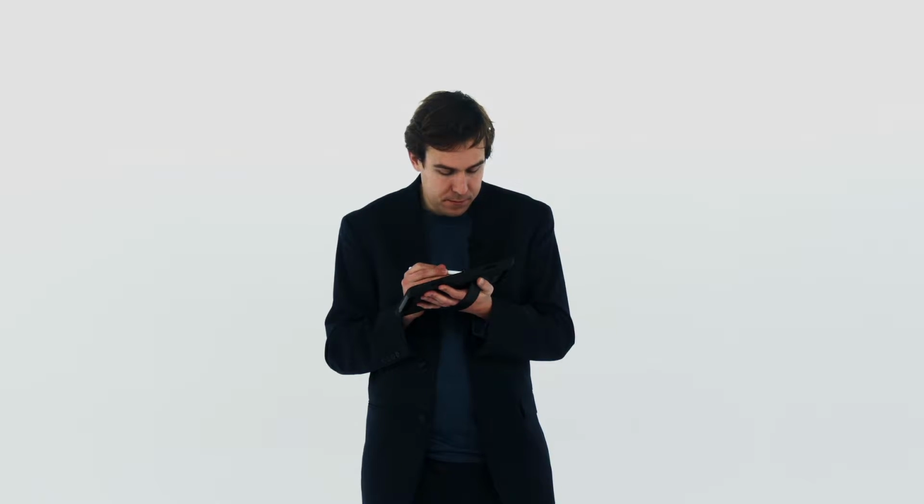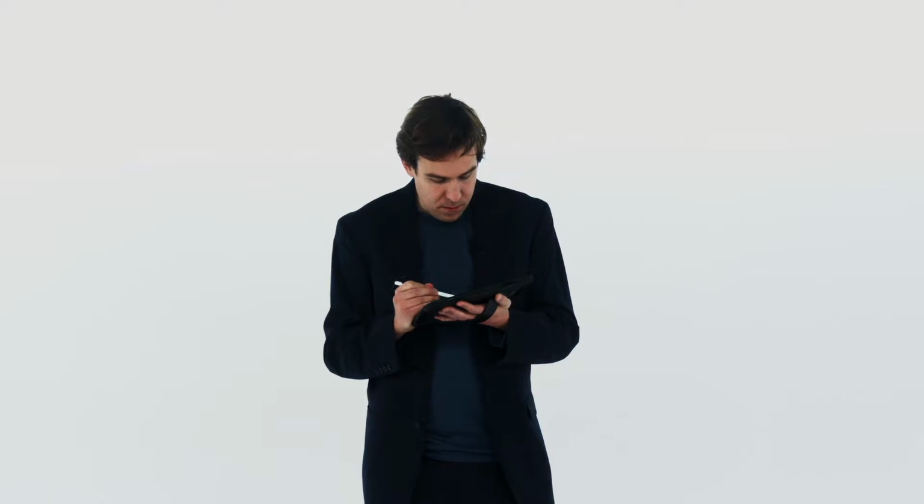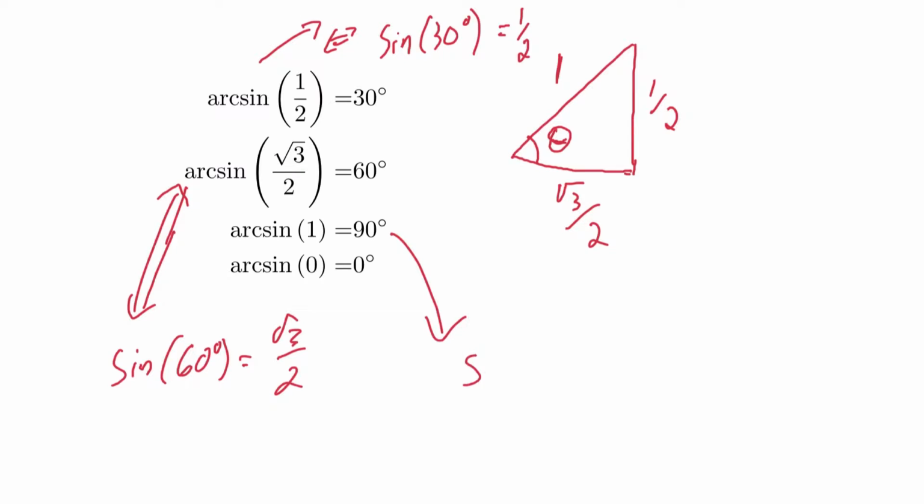Similarly, arc sine of square root 3 over 2 is just like saying that sine of 60 degrees is equal to square root 3 over 2. And then arc sine of 1 is like saying sine of 90 degrees is equal to 1.